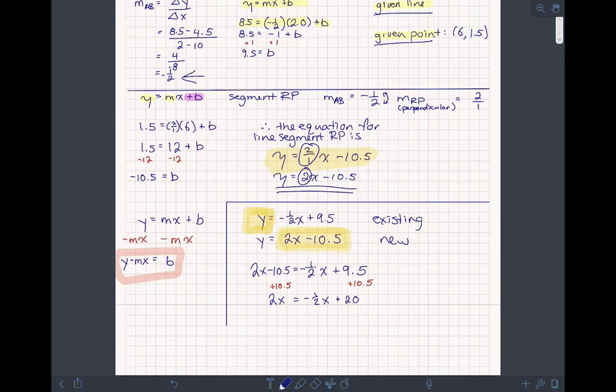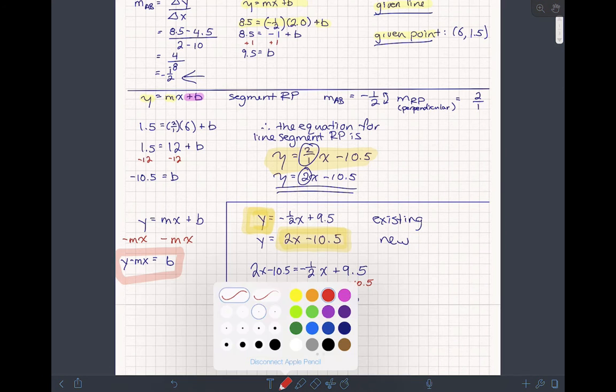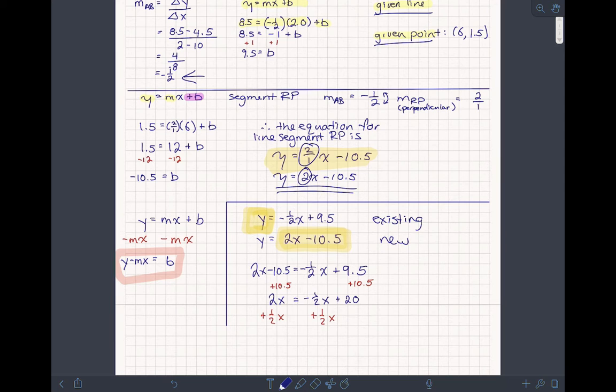And then we need to get the variable term off the right side onto the other side. So we're going to add 1/2 x to that side and add 1/2 x to this side. And so that's going to give us 2.5x on the left side. And on the right side, we're just going to have the constant 20.